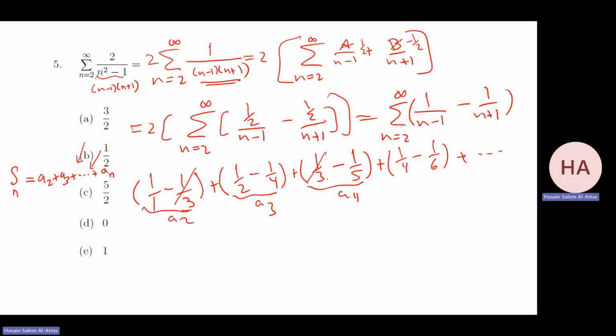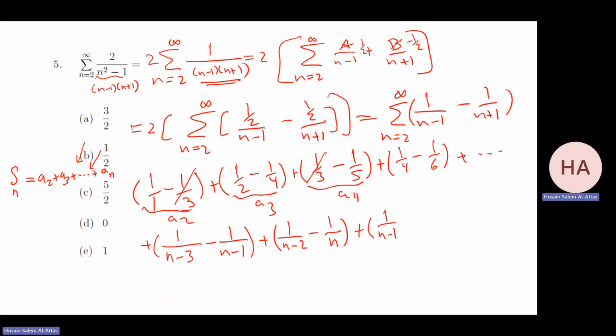So this is plus, when I have n minus 2, I have 1 over n minus 3 minus 1 over n minus 1, plus when n minus 1, that will be 1 over n minus 2 minus 1 over n, plus when n, I have 1 over n minus 1, can make it n plus 1, who cares?